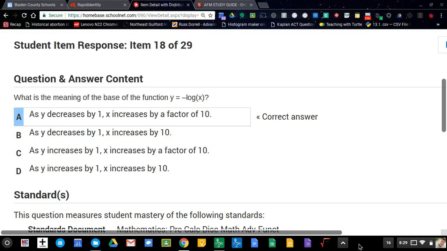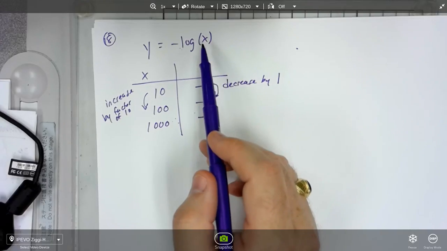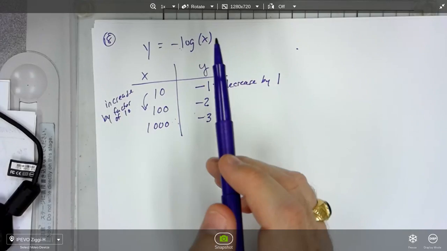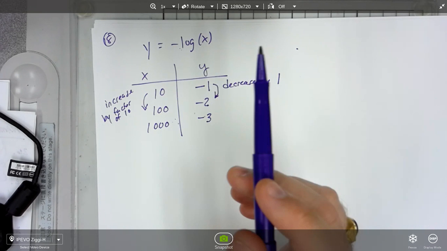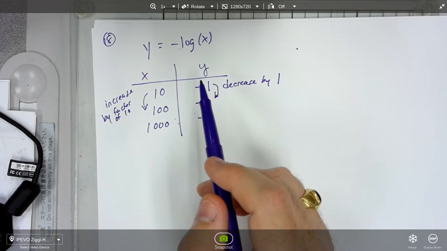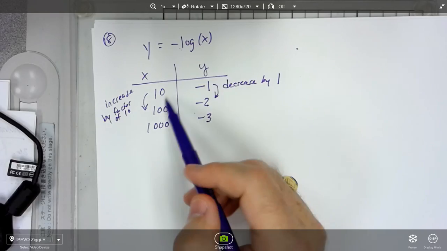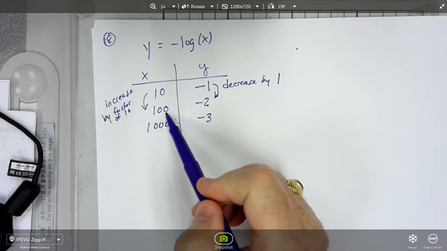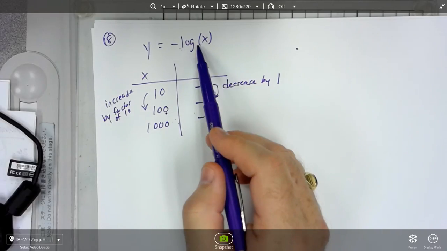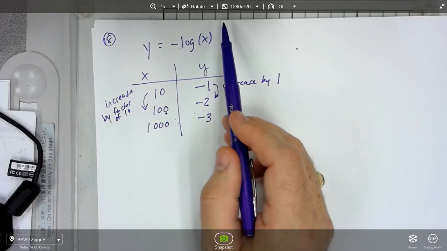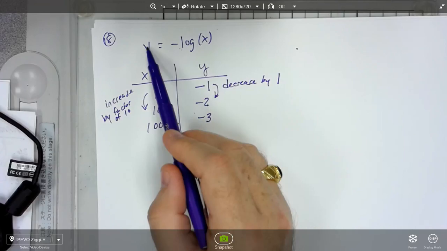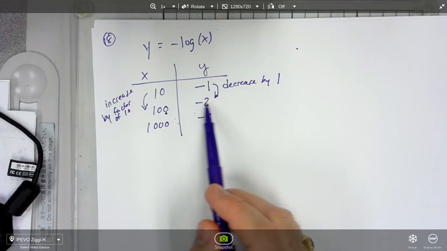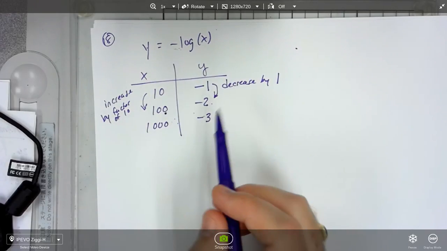And all you have to know, guys, is that key thing: the logarithm of a number returns the power that you would have to raise a base to get that number. Okay? So if I'm taking the log of 100, well, that's log of 10 squared, and the base is 10, so it throws back the exponent 2, but it's a negative 2 because of the negative out front.